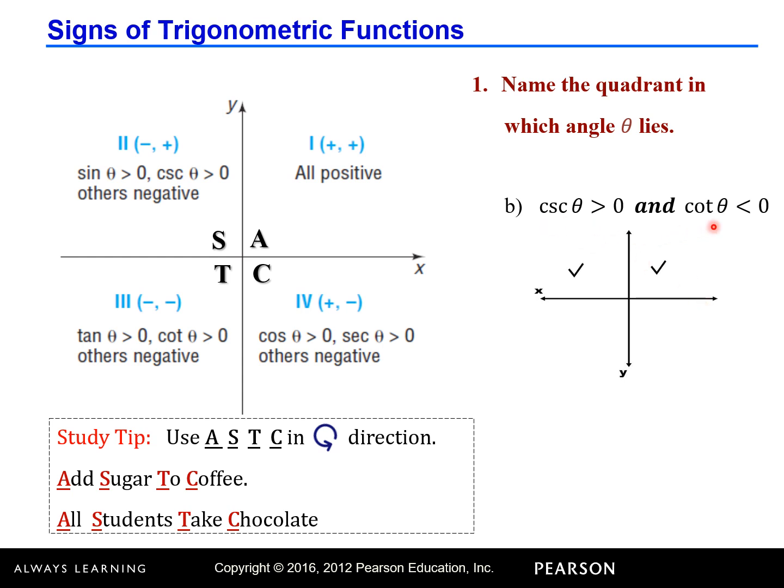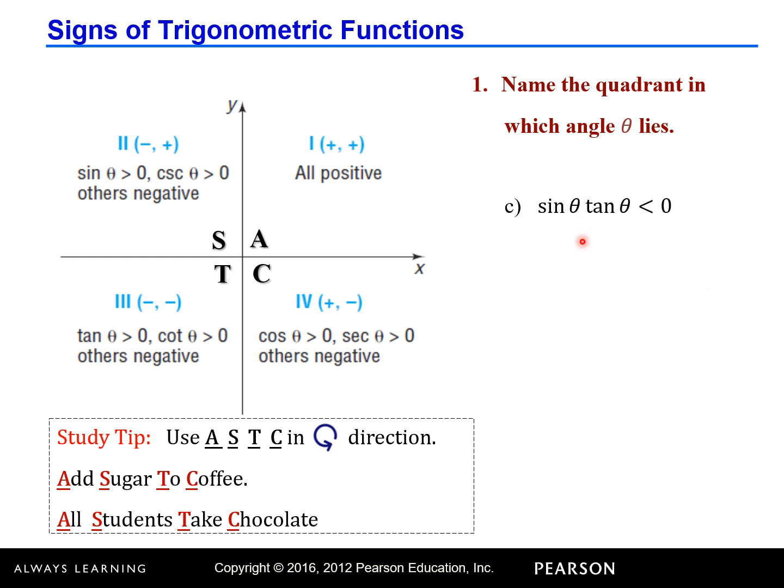For cotangent theta less than 0, we need cotangent theta negative. It's positive in the first quadrant and in the third quadrant, so it's negative in the second and in the fourth quadrant. So we take the second and the fourth. Since we have two functions given, we select the two ticks, and that is in quadrant 2. So the angle theta lies in quadrant 2.